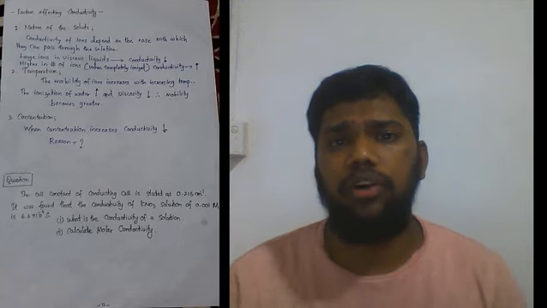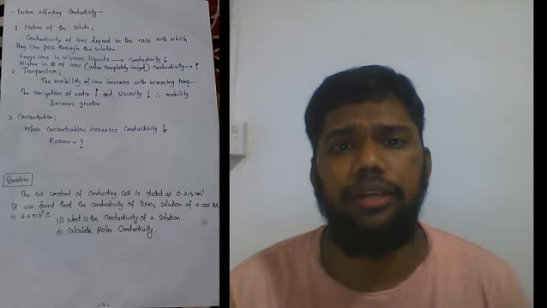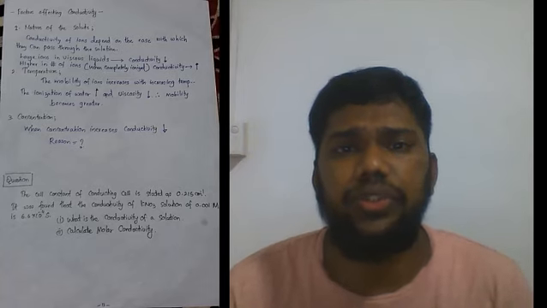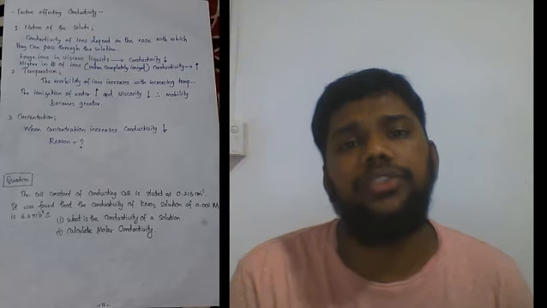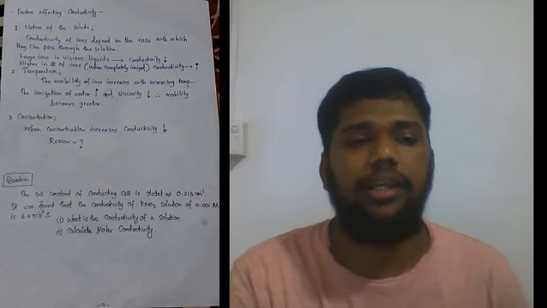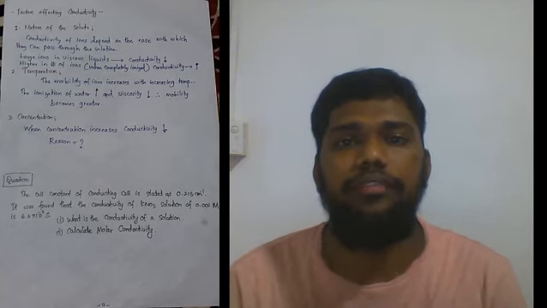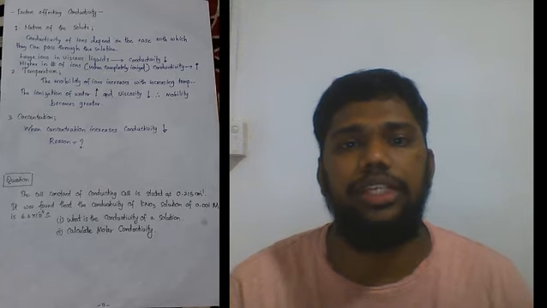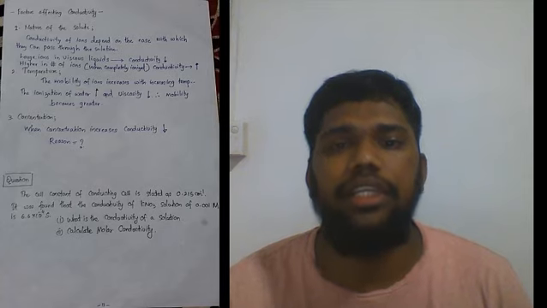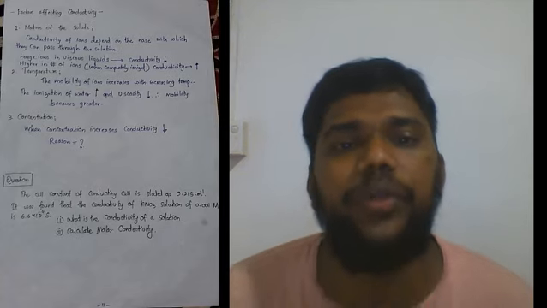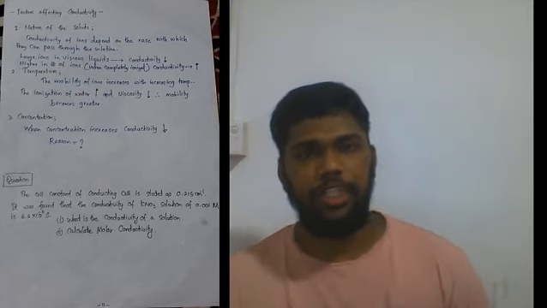When you have a lot of ions in the solution, that means you are increasing the concentration, and when you connect this to a cell, the anions go towards the anode and the cations go towards the cathode. There will be a barrier for these ions to be mobile. That is the reason why the conductivity reduces when you increase the concentration.